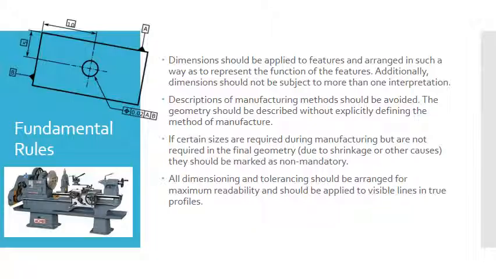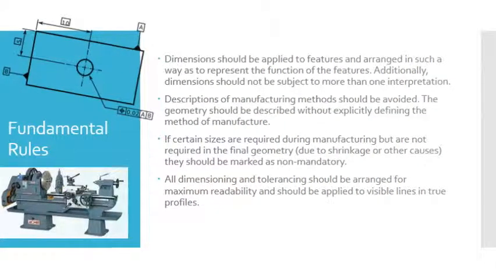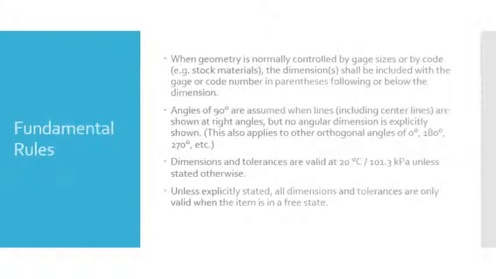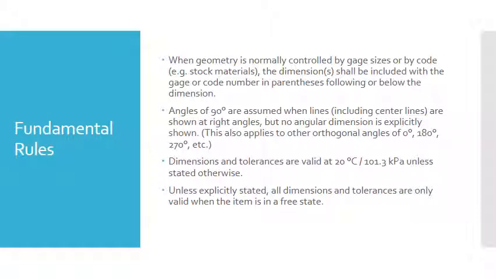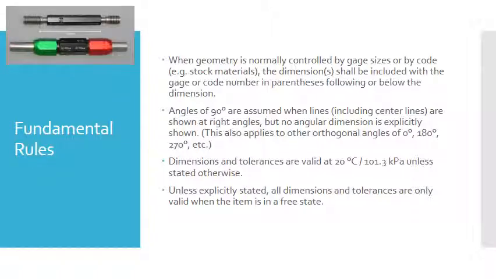All dimensioning and tolerancing should be arranged for maximum readability and should be applied to visible lines and true profiles. When geometry is normally controlled by gauge sizes or by code, for example stock materials, the dimensions shall be included with the gauge or code number in parentheses following or below the dimension.